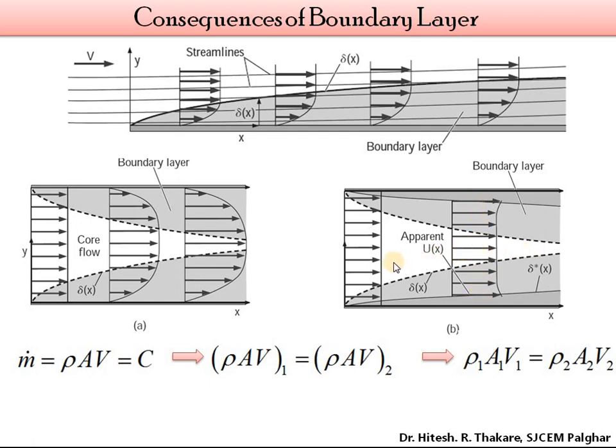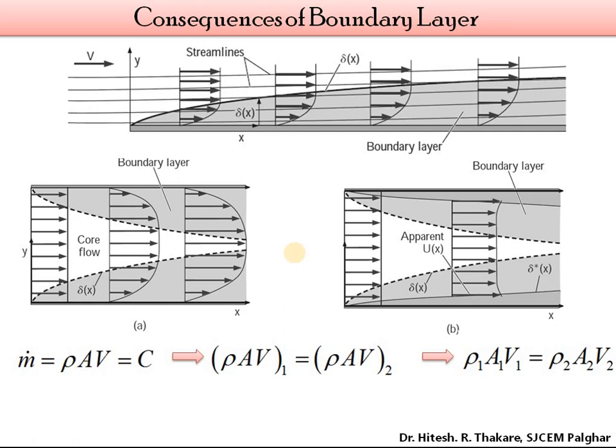So now in every diagram, what we see is that because of the presence of the boundary layer, the streamlines of the main flow are deflecting from their original path. They need to deflect, they need to accelerate, they need to increase their velocity if we want to maintain the mass flow rate constant.